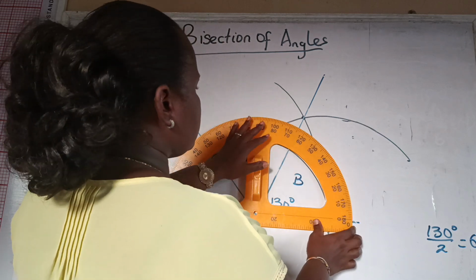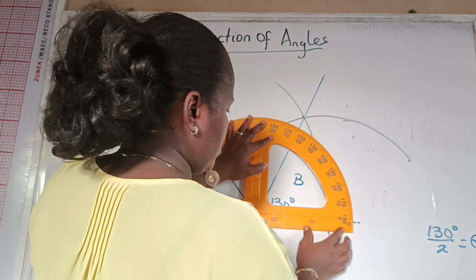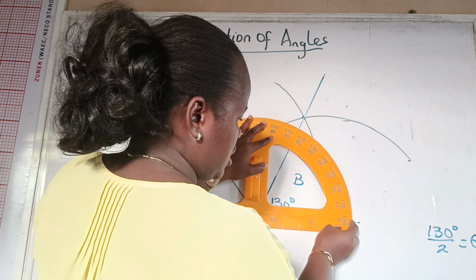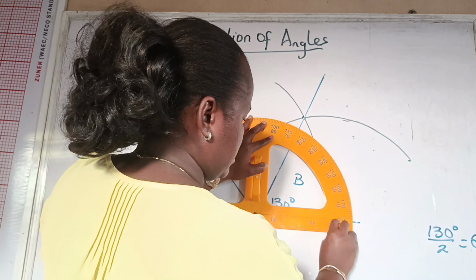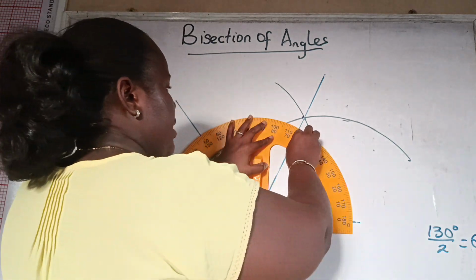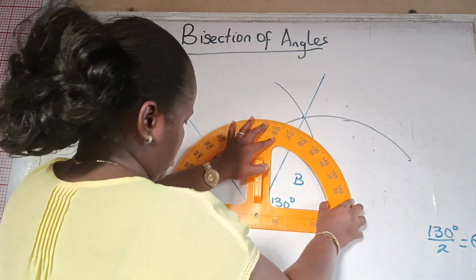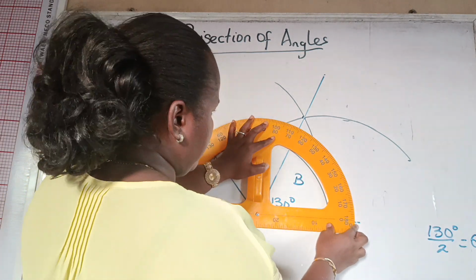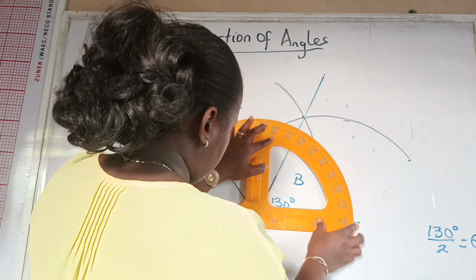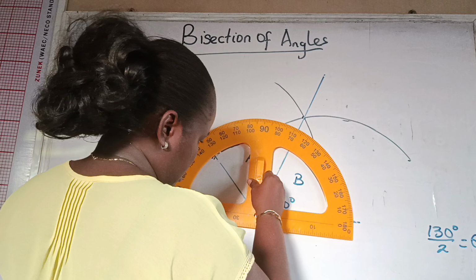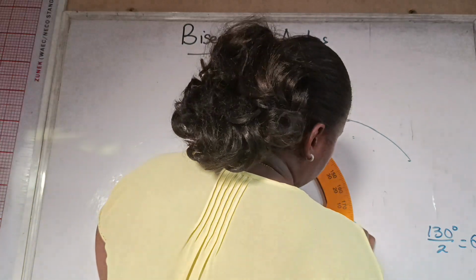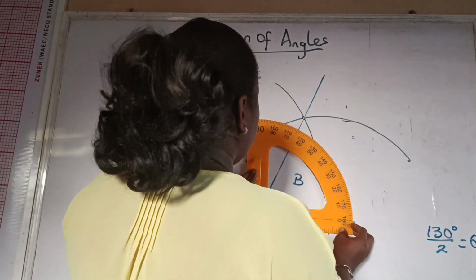You can see that from this line to the new line, the line of bisection, I'm trying to get the origin and make sure that this is okay.